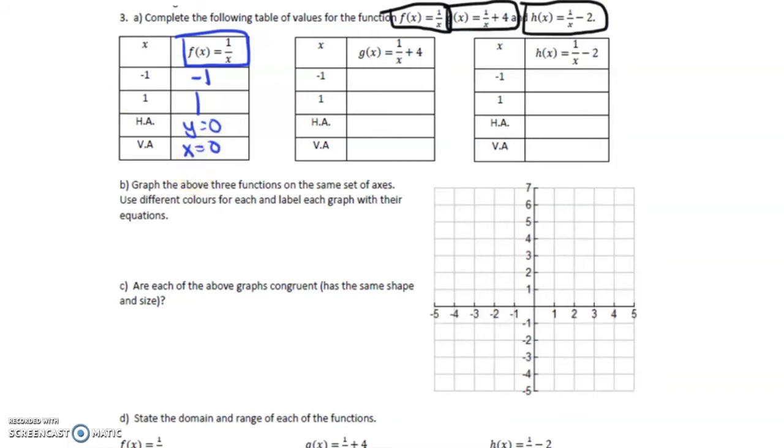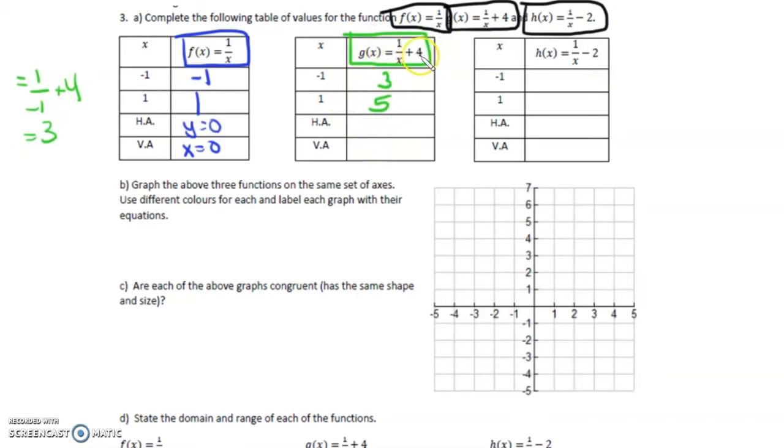Okay. Now for the second one, 1 over x plus 4, if we were to substitute 1 over -1 plus 4, we would get 3. And 1 over 1 plus 4, we'd get 5.